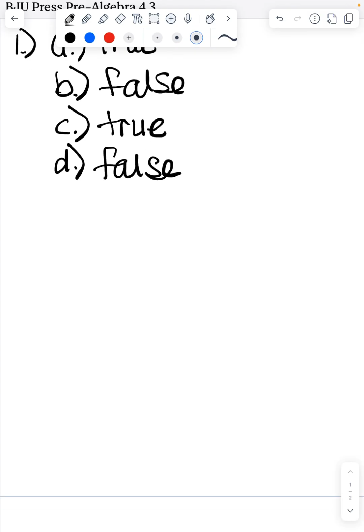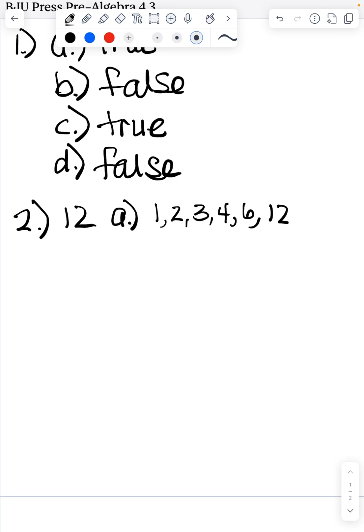Number 2, for each number, A lists all its factors in ascending order, and B lists its first 6 multiples. So number 2, 12. A wants us to list all the factors. The factors of 12 are 1, 2, 3, 4, 6, and 12.